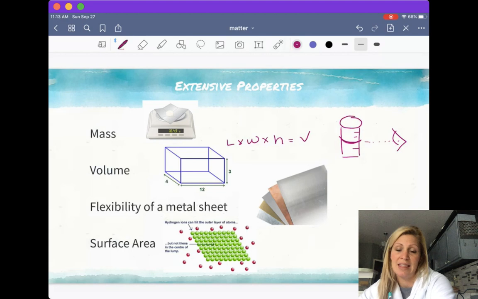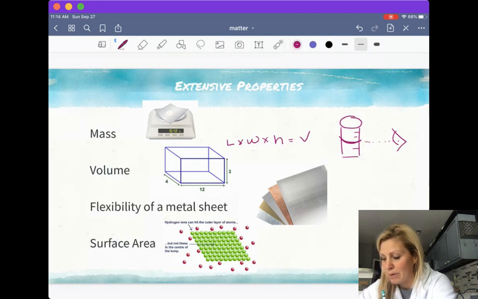So if it's really a thin sheet, you can bend it pretty easily. Think of tinfoil. If you start getting into sheets of aluminum or copper, some of those are going to bend more easily depending on the thickness of that sheet. So that's dependent on the amount, because the thicker the sheet, the more metal is used and the less flexibility you're going to have. So that is an extensive property.